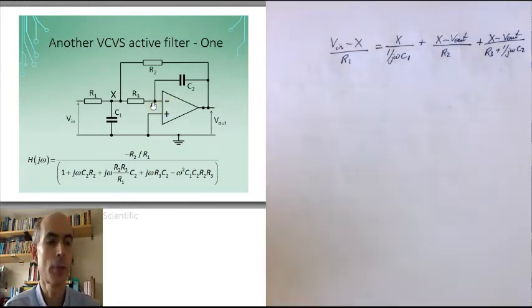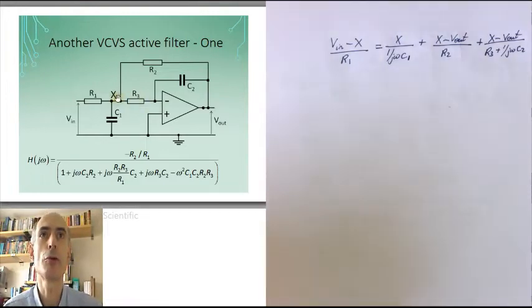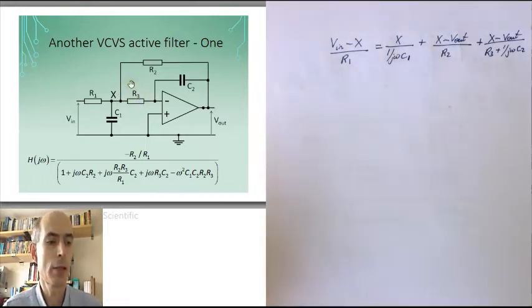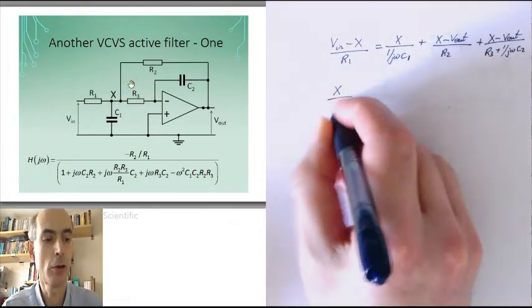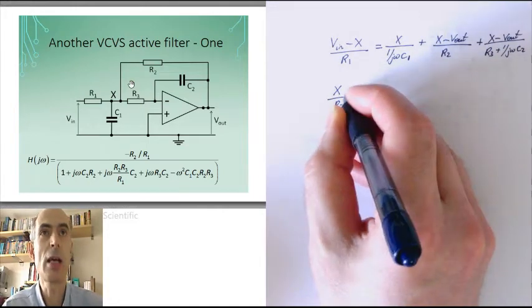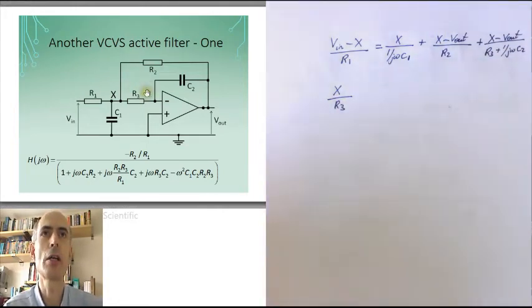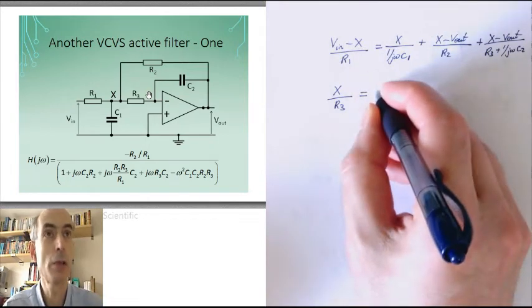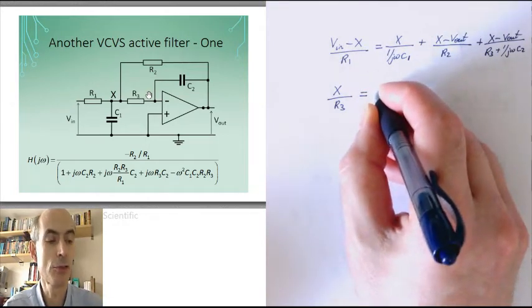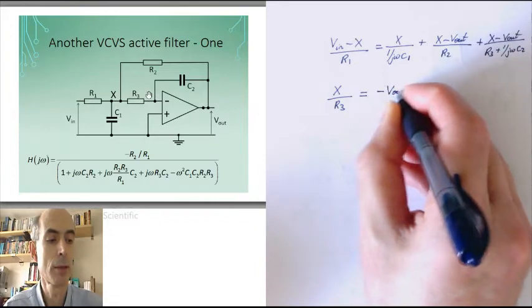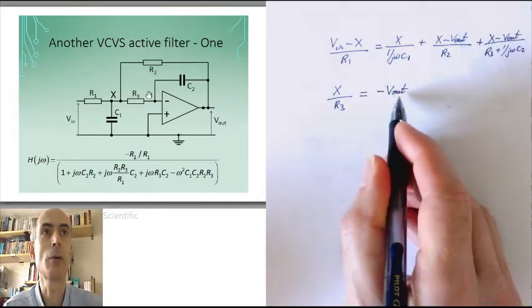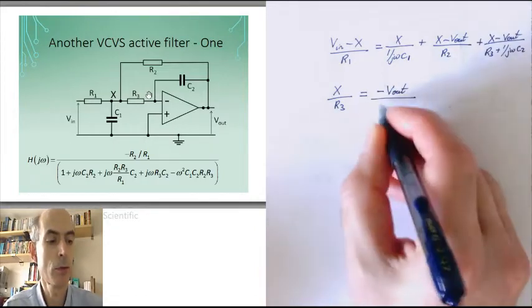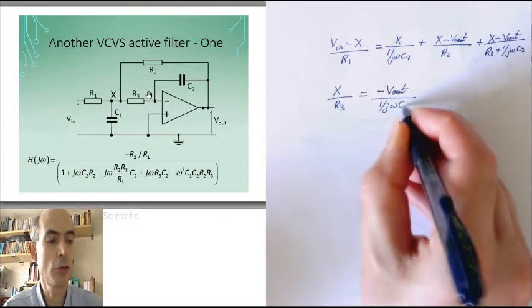And therefore, we'd have that the current flowing through R3, that would be X over R3, it's really X minus 0 over R3 because we know the voltage here is 0, must be the current flowing through C2, and the current flowing through C2 would be 0 minus Vout, I'll just write that as minus Vout, over 1 over j omega C2.